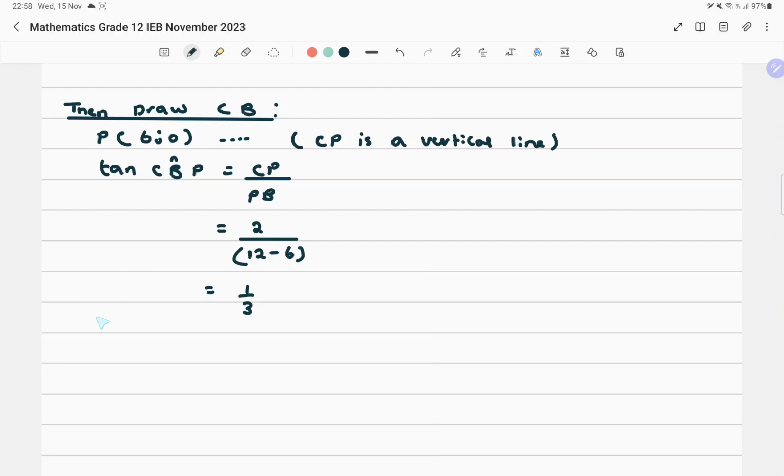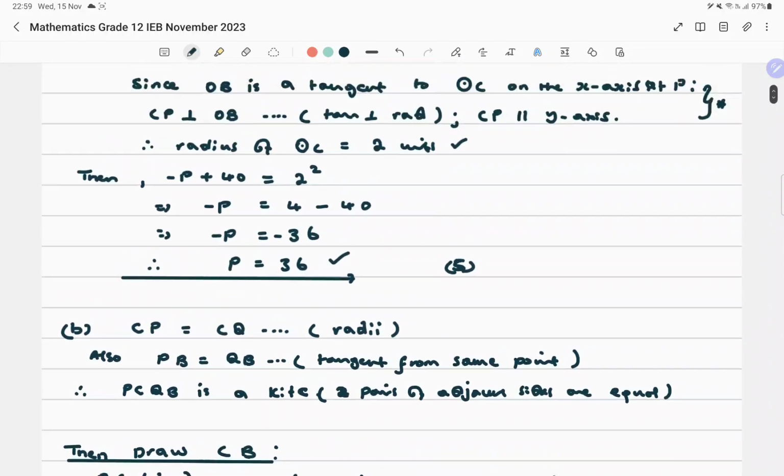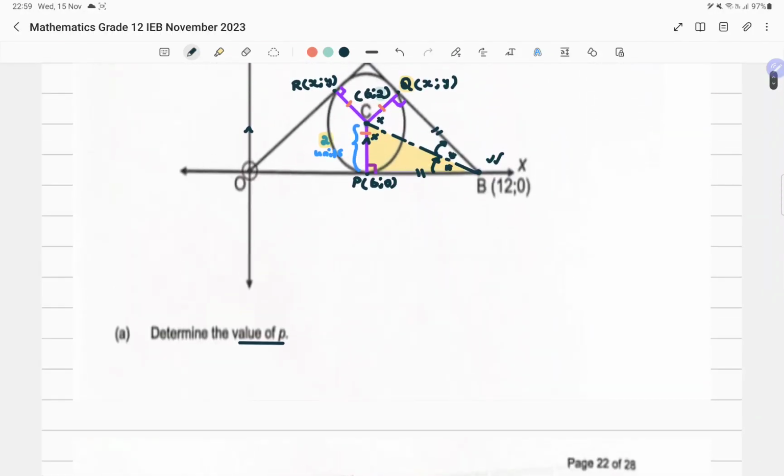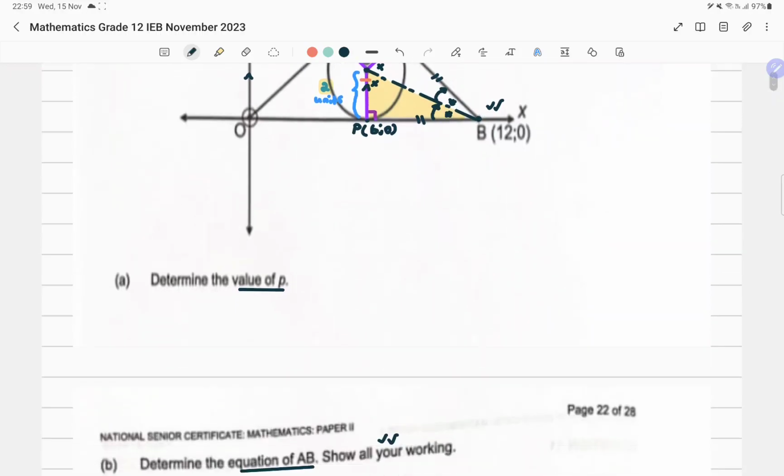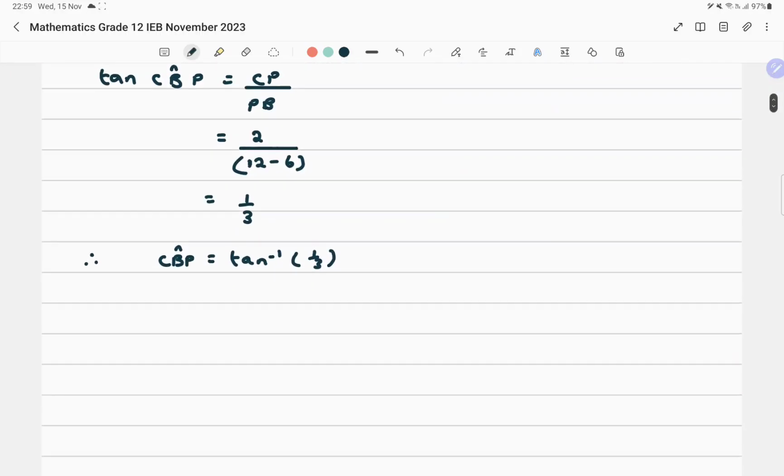So therefore, CBP is going to be shift tan of a third. Obviously, this is not going to give us the true angle, because remember, this angle is on the inside. So we need to find the angle on the outside, which is the true angle of inclination.